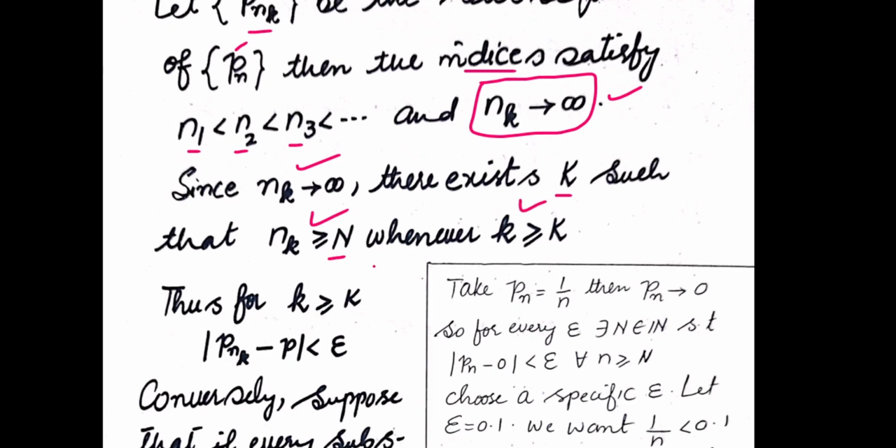No matter how large you choose an integer N, because your nk approaches infinity, it is clear that after some stages, this nk will always be greater than your capital N. Thus for k greater than or equal to K, your absolute value of Pnk minus P is less than epsilon.